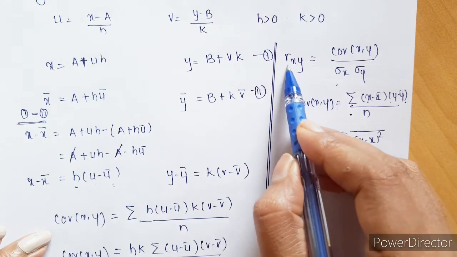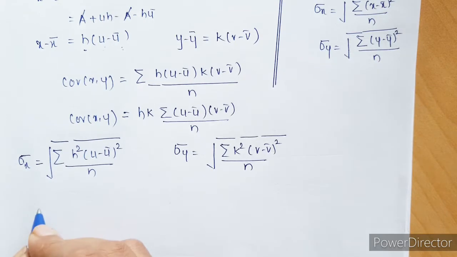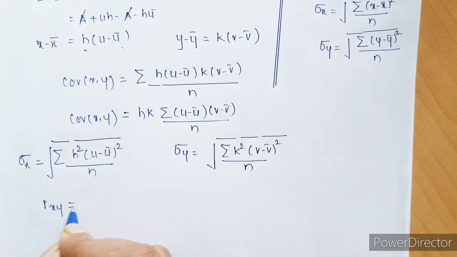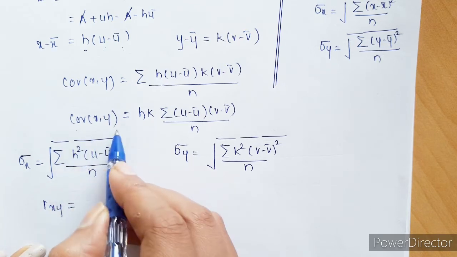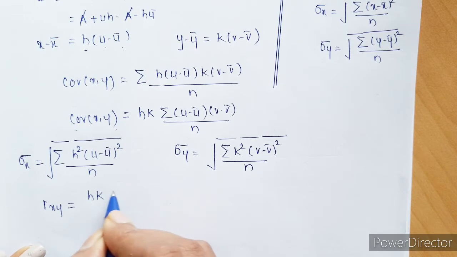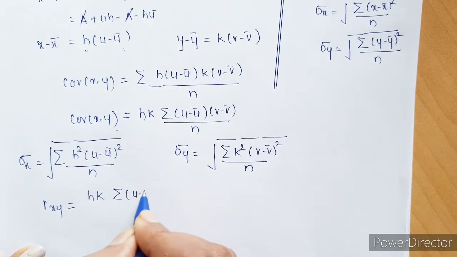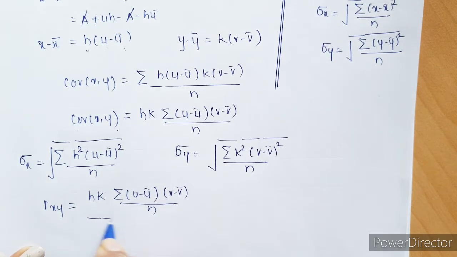Now let's substitute it back in the correlation coefficient of xy. The correlation coefficient of xy is covariance of xy, which I am replacing by h k times the summation of (u minus u bar)(v minus v bar) upon n, divided by sigma x into sigma y.